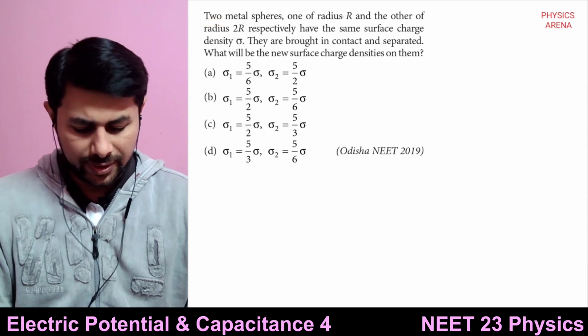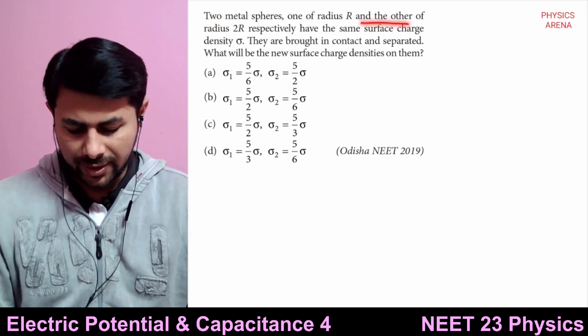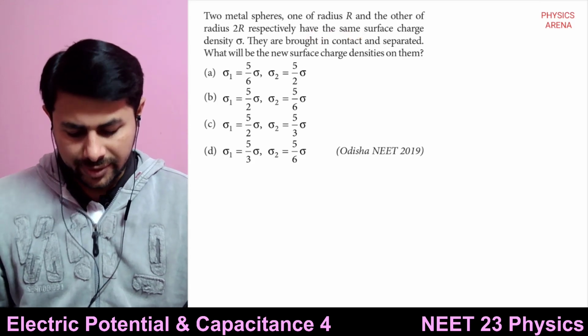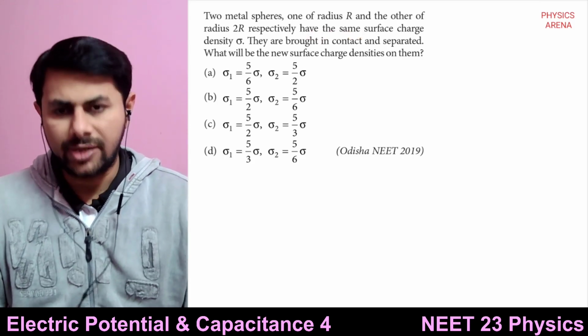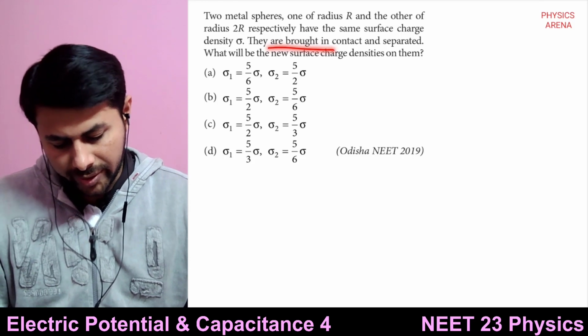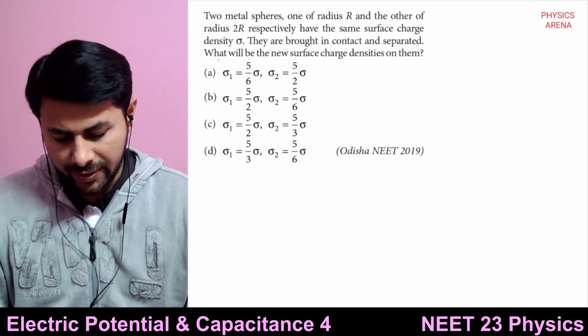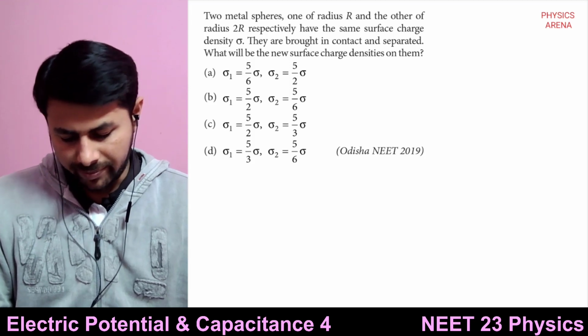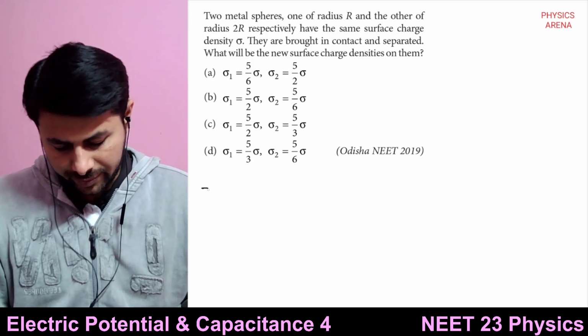Two metal spheres, one of radius r and other of radius 2r respectively, have the same surface charge density sigma. They are brought in contact and separated. What will be the new surface charge densities on them? This is the question.